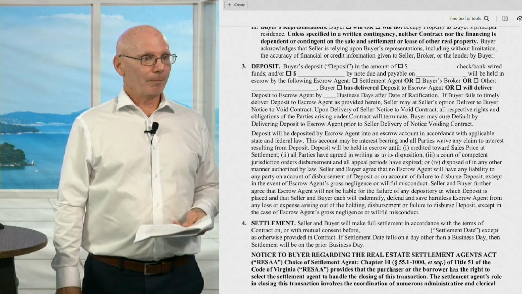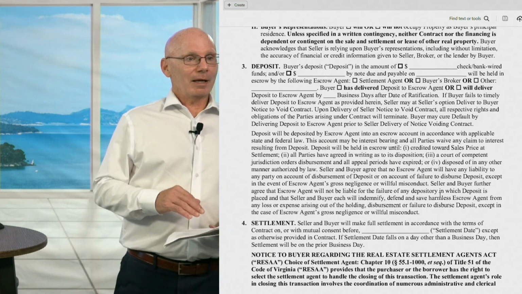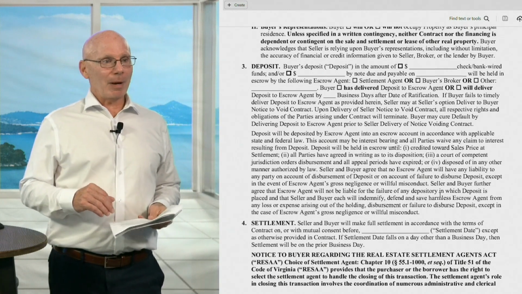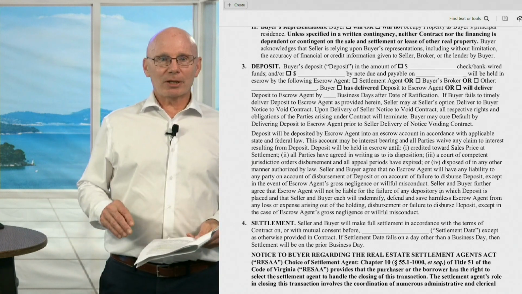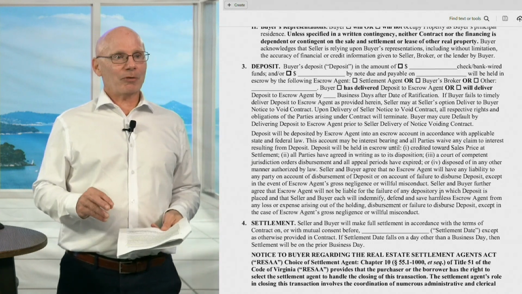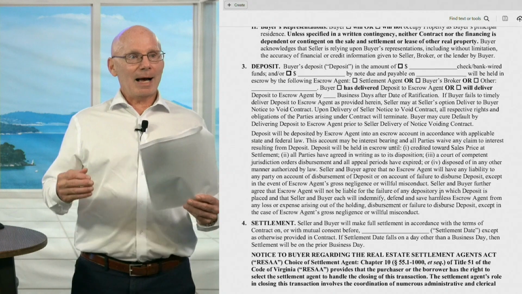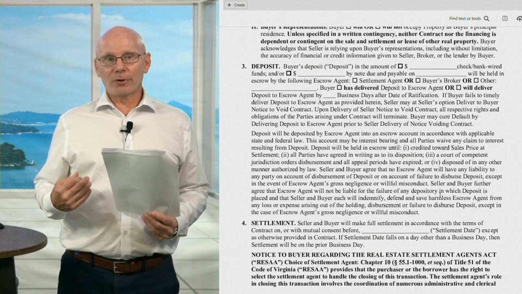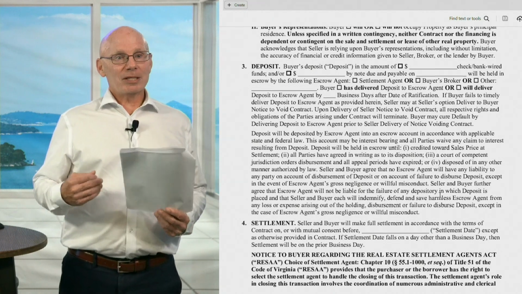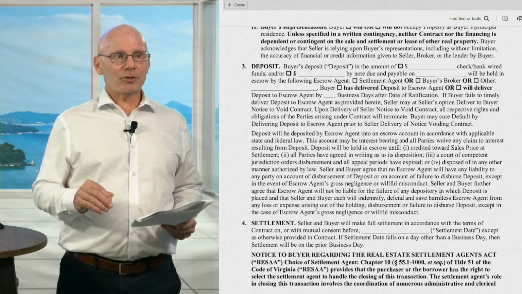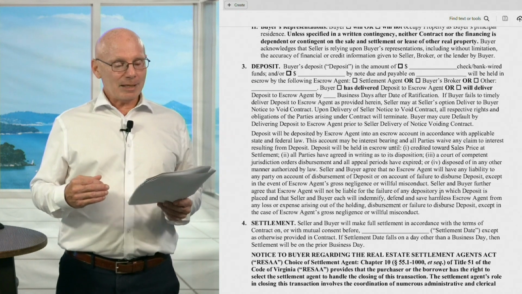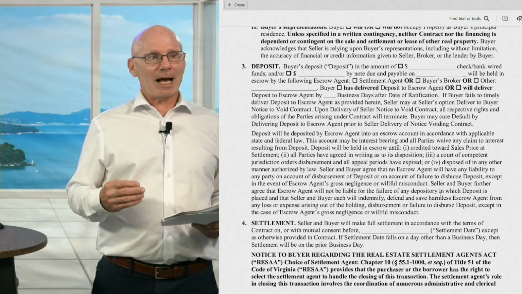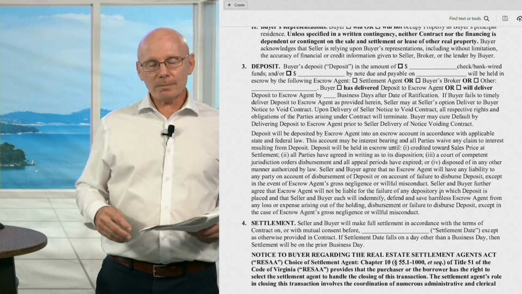So if I have a buyer client who hasn't made delivery, say it's 3 days, hasn't made delivery of that earnest money deposit within that 3-day period of time, I am obligated under the Code of Ethics and DPOR regulations to notify the other side that my buyer client has not made the earnest money deposit as outlined in the contract.